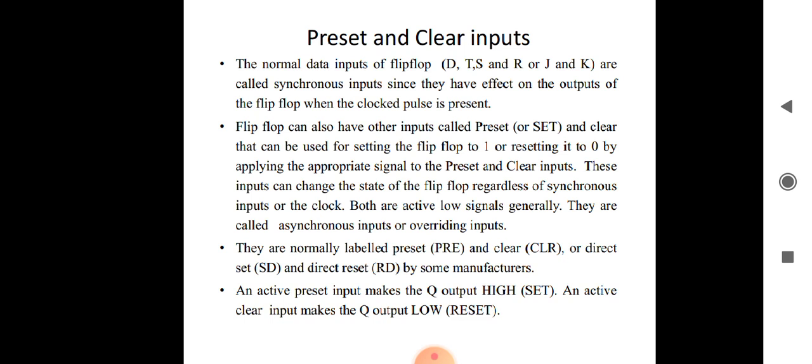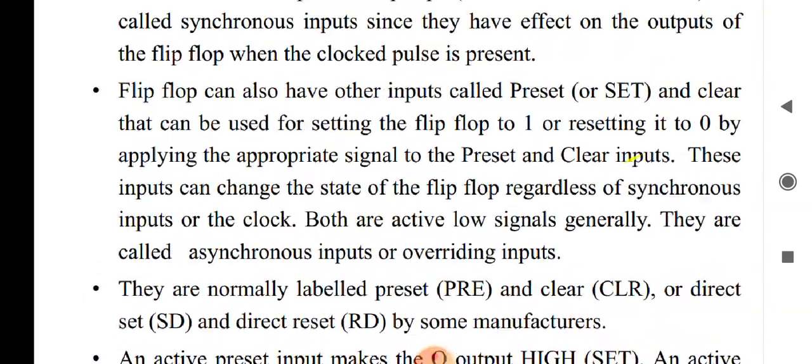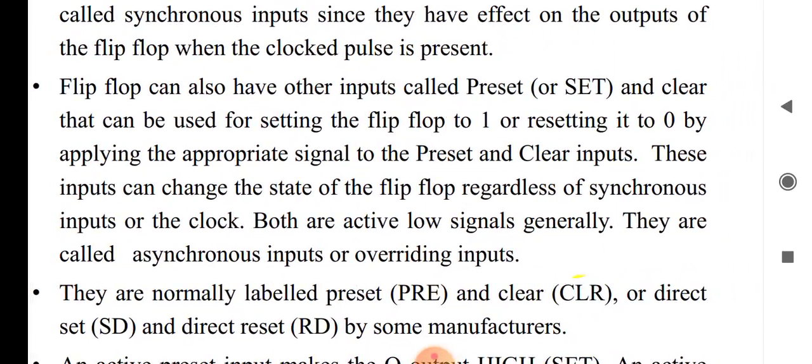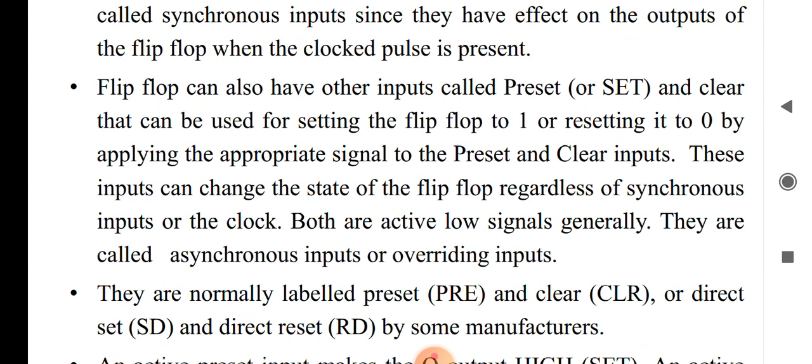The flip-flop can also have other inputs called preset and clear, that can be used for setting the flip-flop to 1 or resetting it to 0 by applying the appropriate signal to the preset and clear inputs. These inputs can change the state of the flip-flop regardless of the synchronous inputs or the clock.